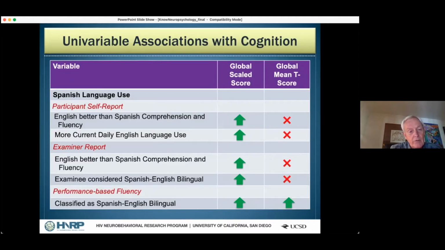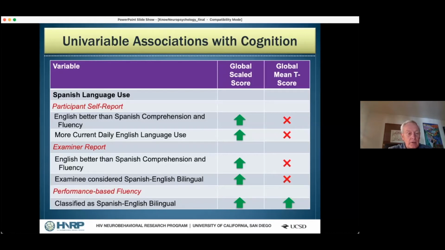And then we asked also how much currently they used English in their day-to-day living, and both of those were associated with better performance on the scale scores, but corrected by the T-scores. We also asked the same thing for the examiner, and again, it had an effect for the scaled score, but not the T-score.